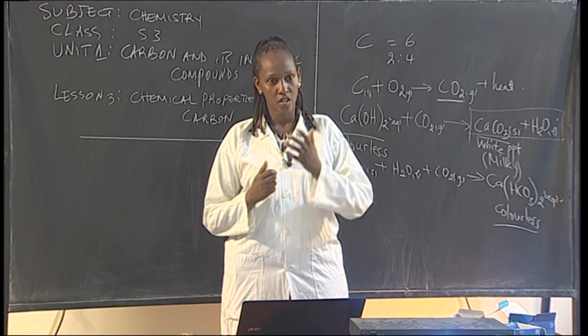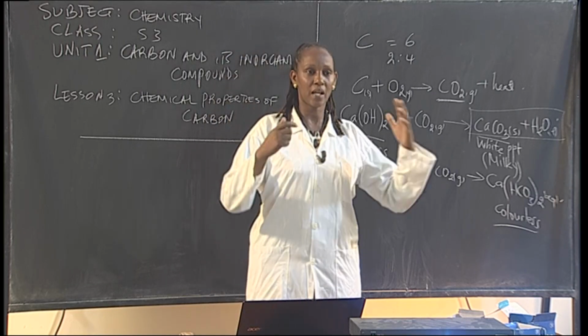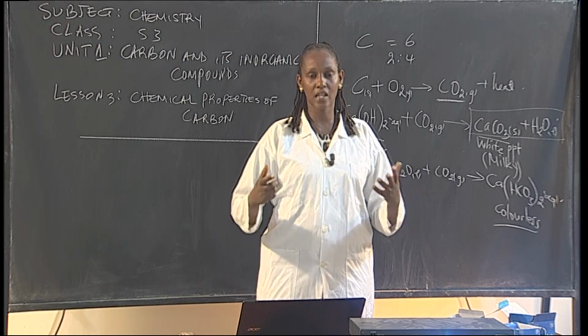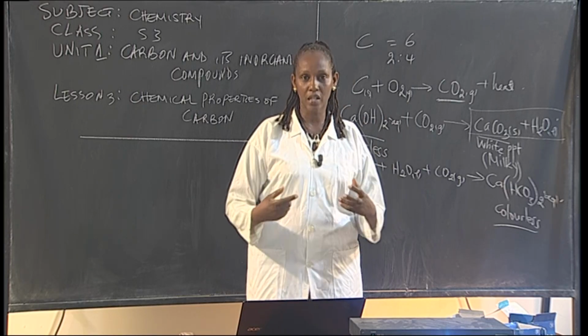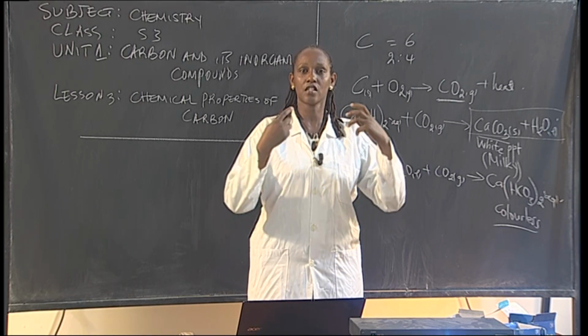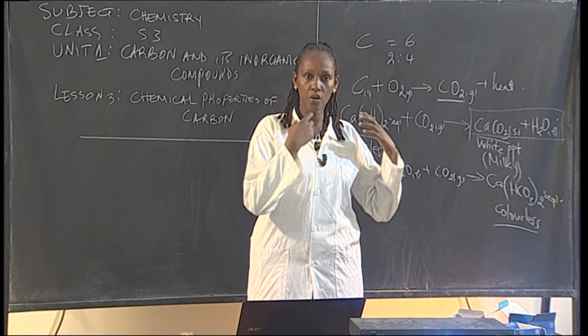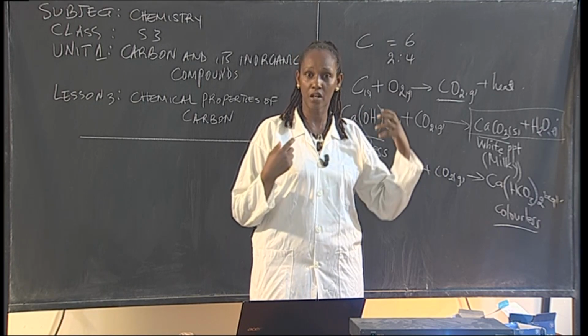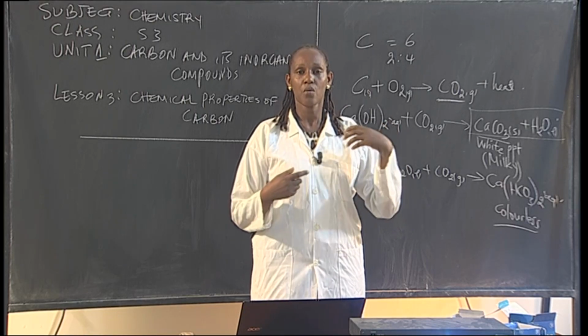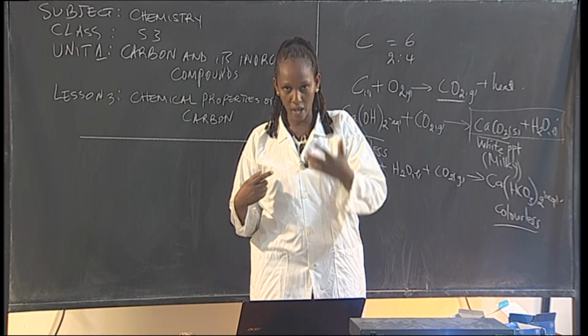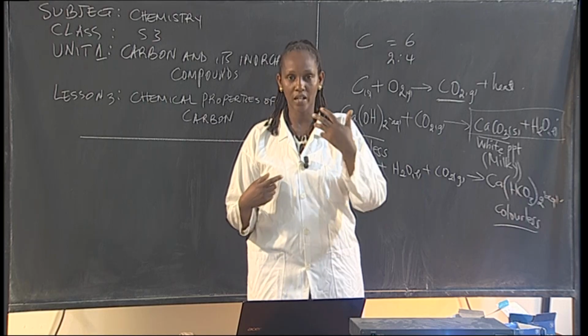All right? Good. So that is carbon plus oxygen forming carbon dioxide, and we confirm it is carbon dioxide by introducing it into a colorless liquid, calcium hydroxide. Then we see a color change to a white precipitate or milky color.